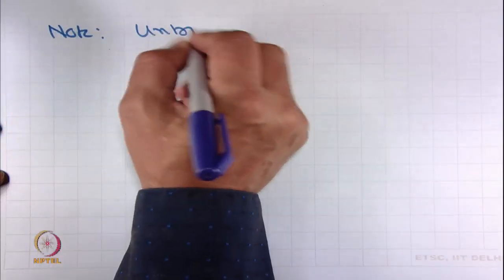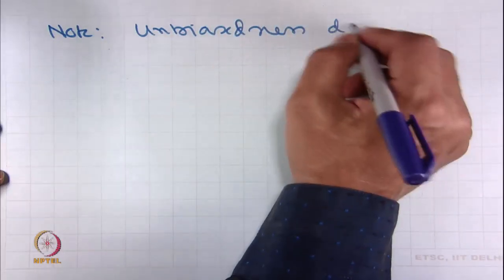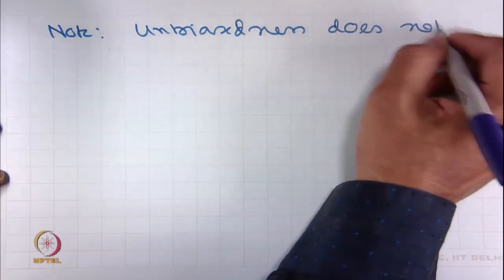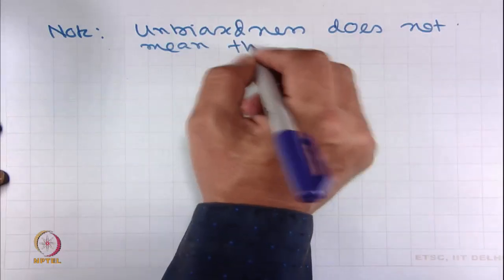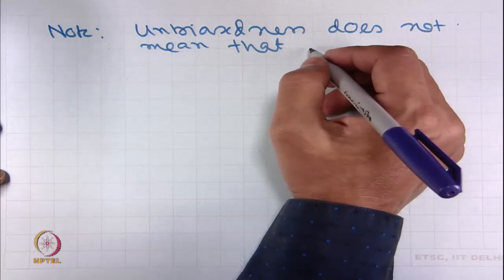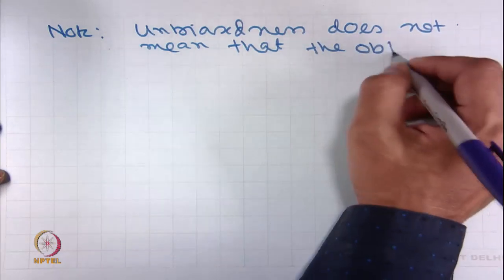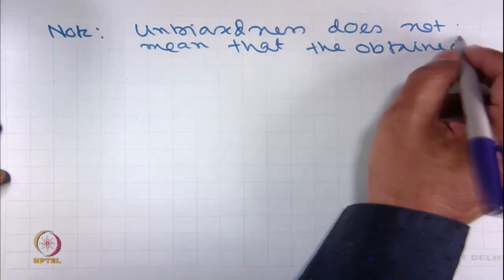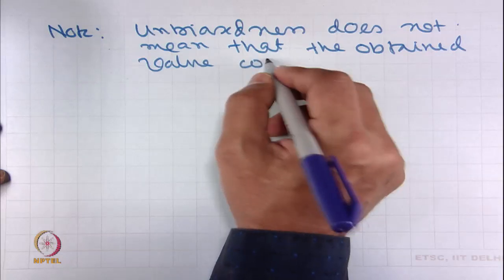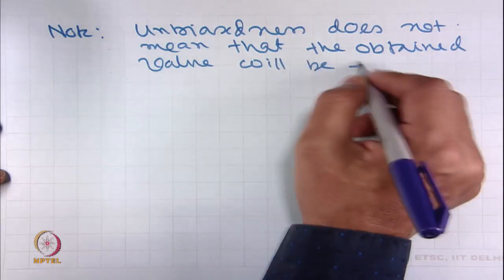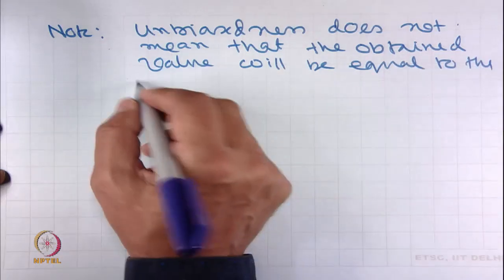Unbiasedness does not mean that the obtained value will be equal to the parameter theta.